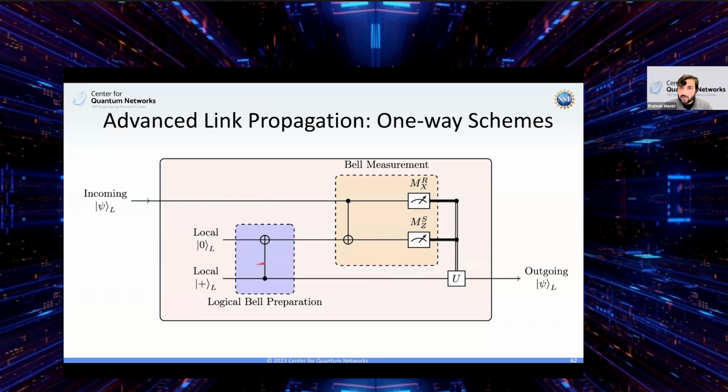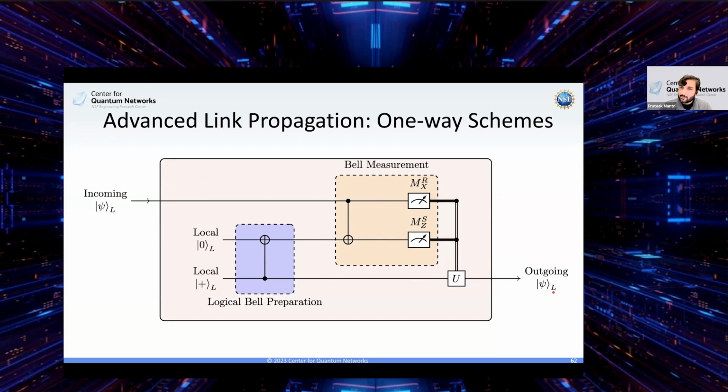And one part of this logical Bell state, we use with the incoming psi L and apply a logical CNOT operation, and then measure the received state in the X basis and the state to be sent in the Z basis, and use those classical outcomes to apply a unitary transformation, which ends up teleporting the psi L state to the outgoing state over here.